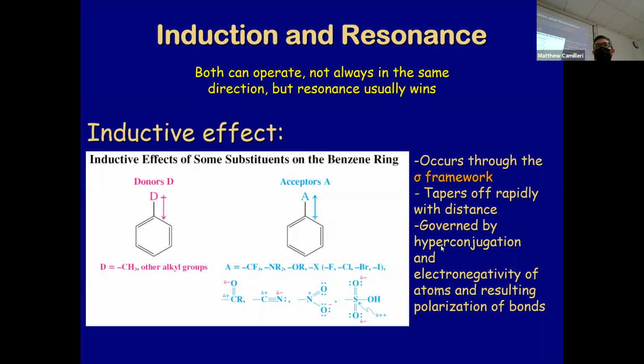So, you have the inductive effect. Inductive effect is pushing or pulling of electrons due to electronegativity. You also have hyperconjugation. Me personally, I do not like to say that hyperconjugation and inductive effects are the same, because they are different.